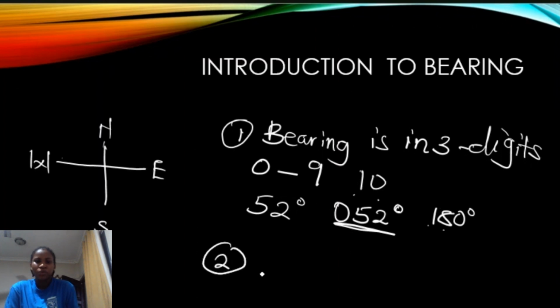And also the next thing we would look at is that in bearing we always take our reference from the north. With every angular representation of a direction, we always take our reference from the north, not like just the normal cardinal points where we just see the direction, whether it's north or west or any part of the cardinal points.